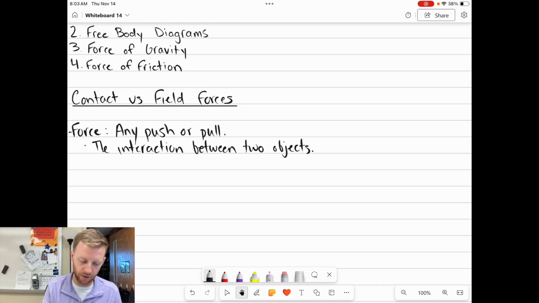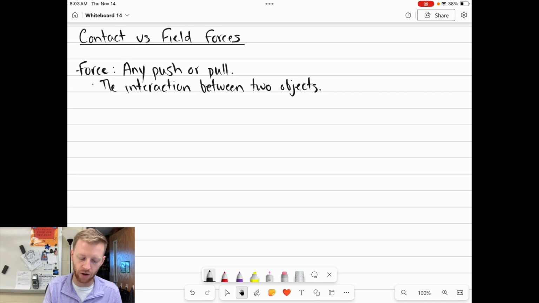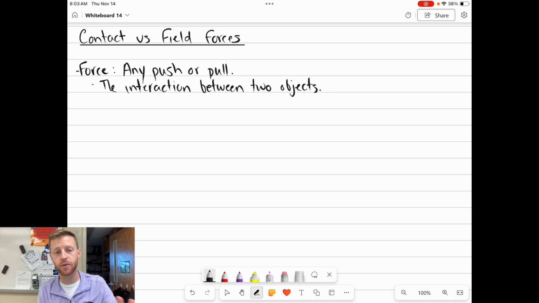So if we have an interaction between 2 objects, we call that a force. You know that. Anytime you're touching something, you feel that kind of resistance. Put your hand on the table, you can feel that you're not able to pass through the table. So we have these 2 different types, though, that we have to talk about, because sometimes forces act and we're not touching, so we have to kind of think about it in a different way.